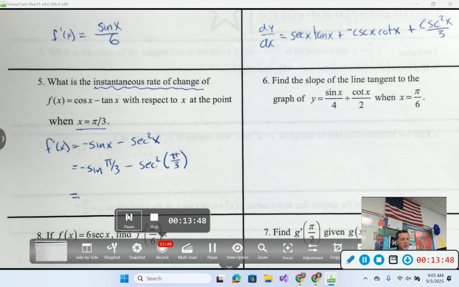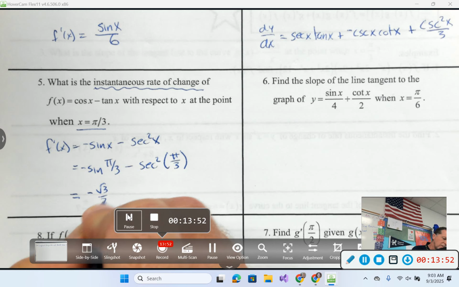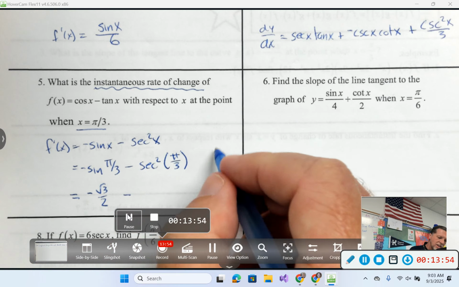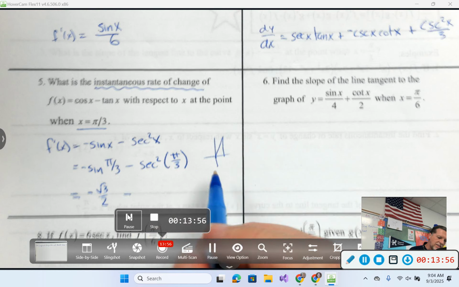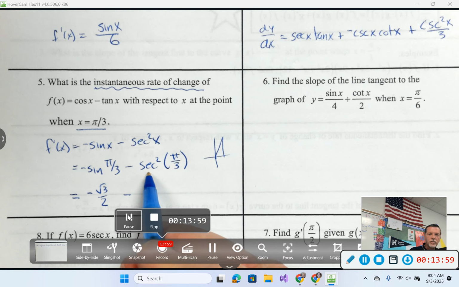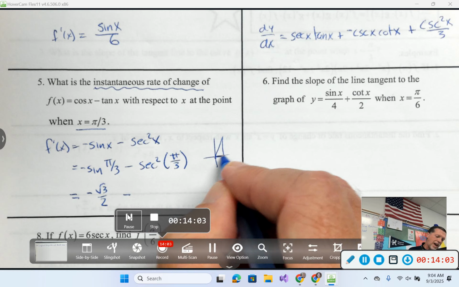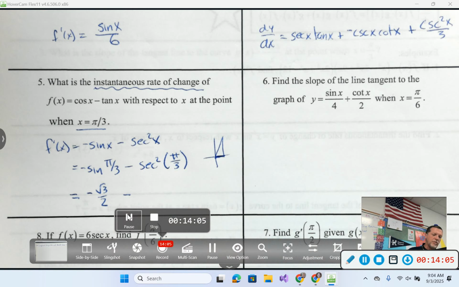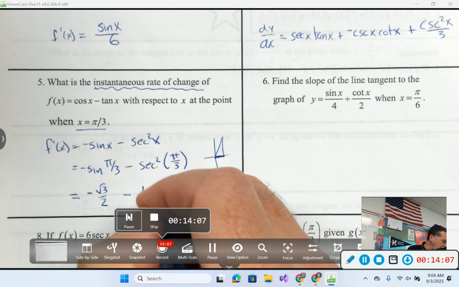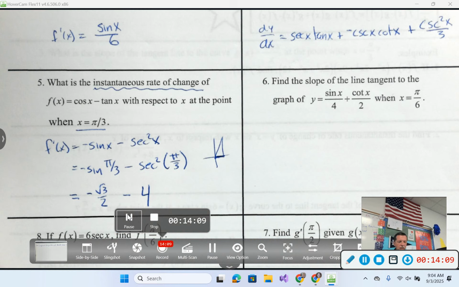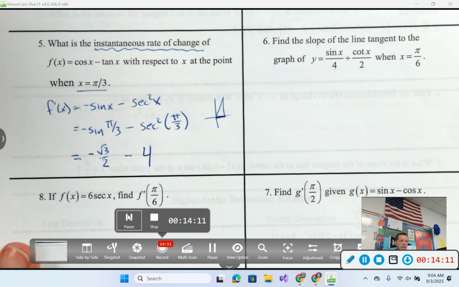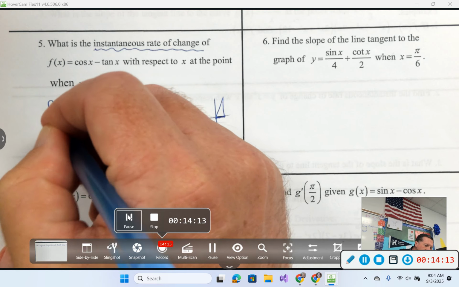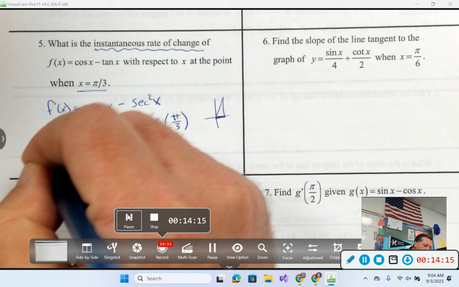Sine of pi over 3: steep angle, first quadrant, root 3 over 2. For pi over 3, secant goes with cosine. Cosine would be a half. Flip it, I get 2. Square it, I get 4. Let's label what we've done here. That's f prime of pi over 3.